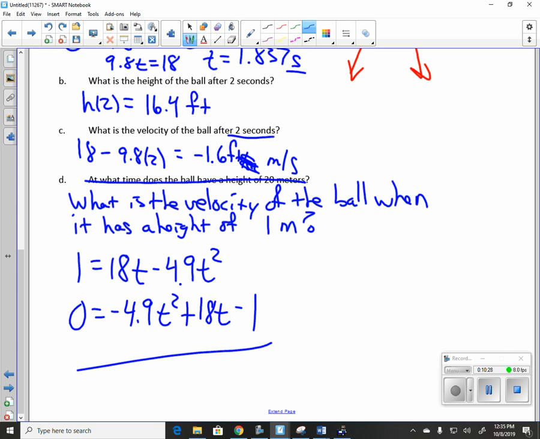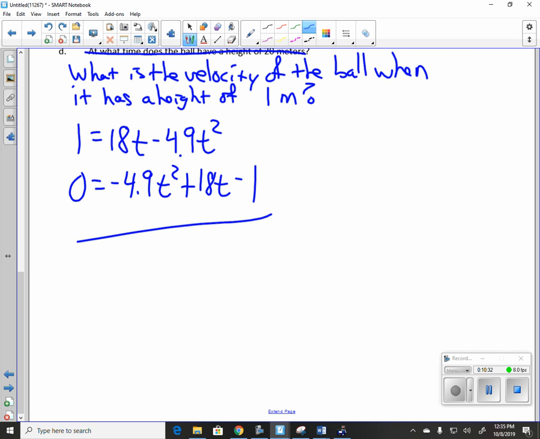Can somebody please use the quadratic formula on their calculator to figure out at what time that happens? We got 0.056 and 0.362 seconds.